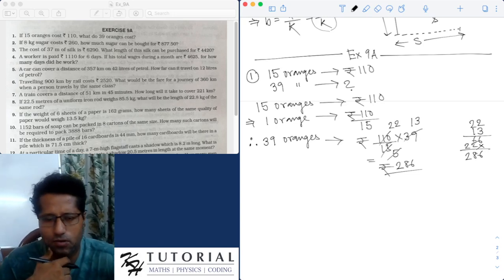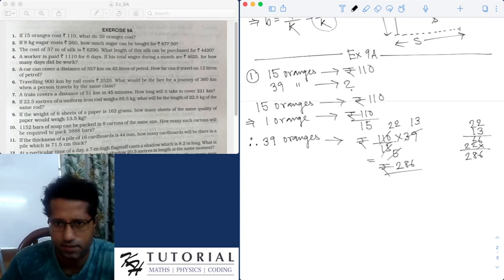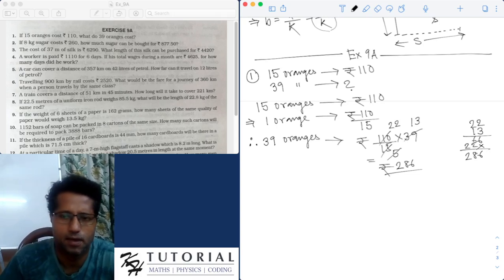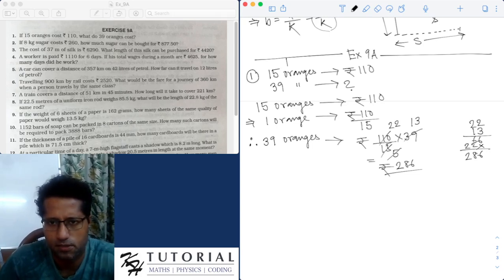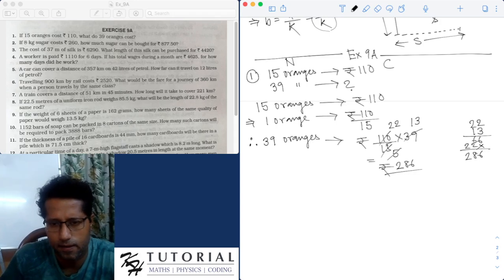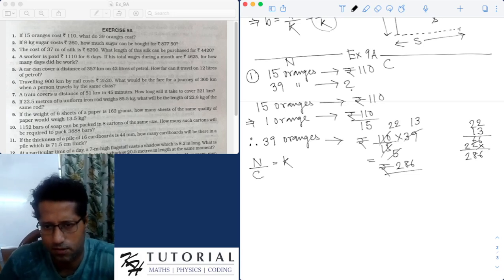Now, if you apply the concept of two quantities in direct variation or proportion, let's say n is the number of oranges and the cost is c, then we know that n by c is a constant. I am representing the constant with k.